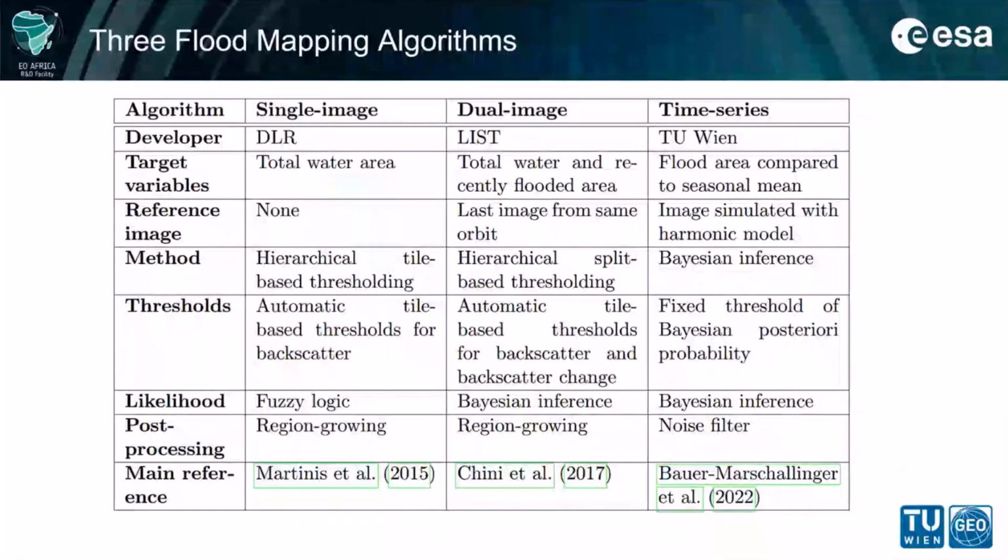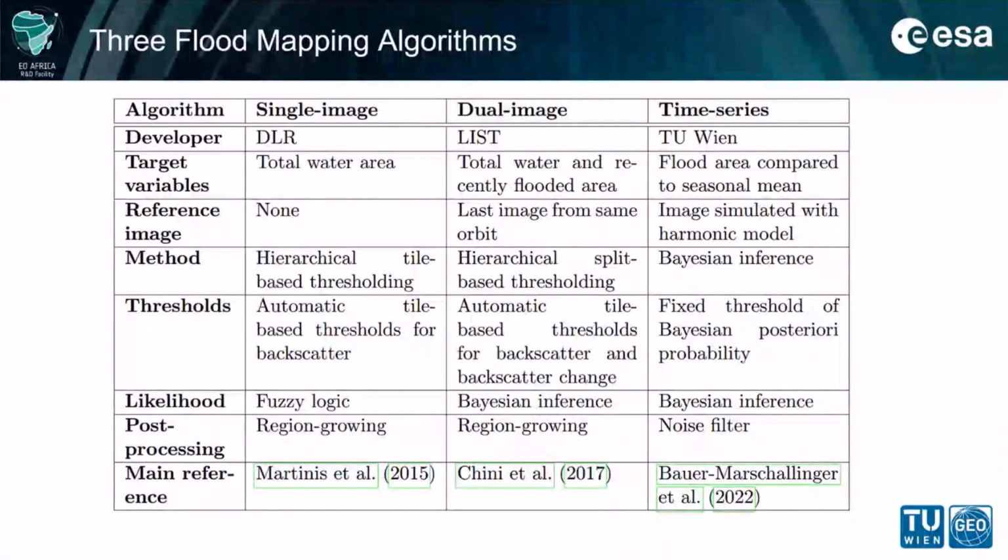The method developed by DLR is a hierarchical tile-based thresholding technique. Also for LIST, it's a very similar generic approach. In the case of the TRVN algorithm, we use a Bayesian inference method. The methods also distinguish themselves by the way the data is post-processed.